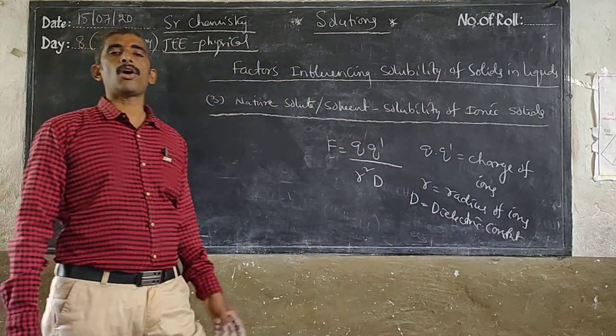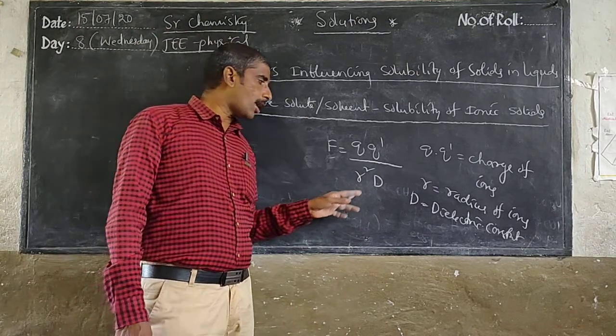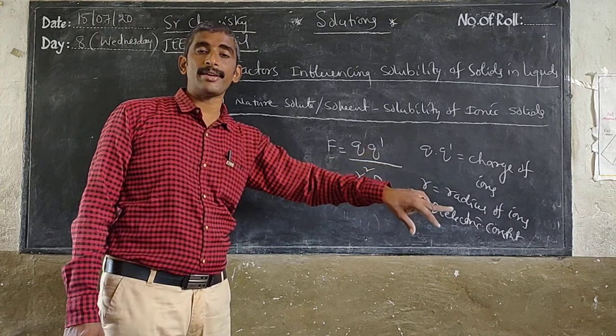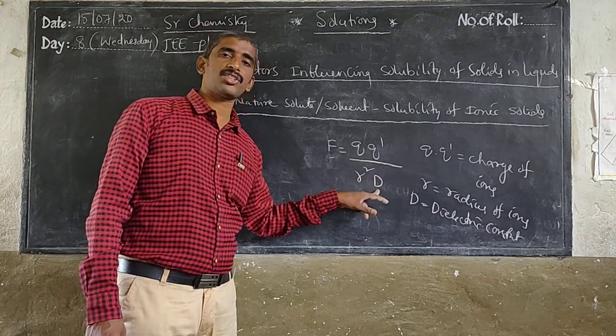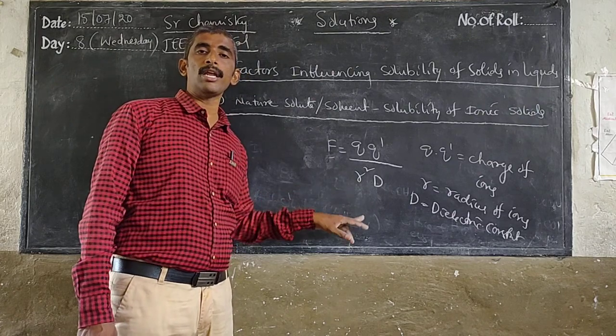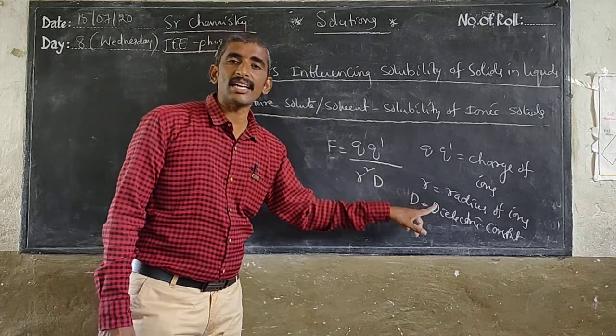Generally, ionic compounds are soluble in particular solvents having more dielectric constant.